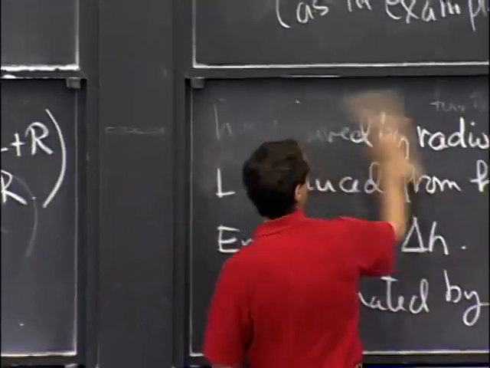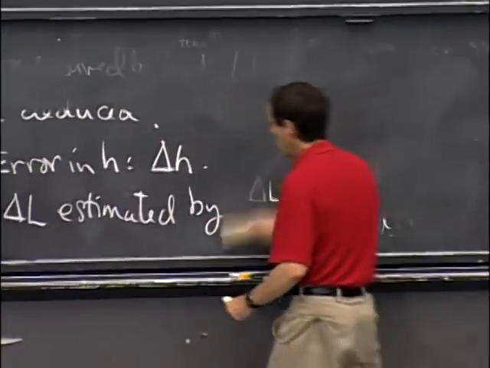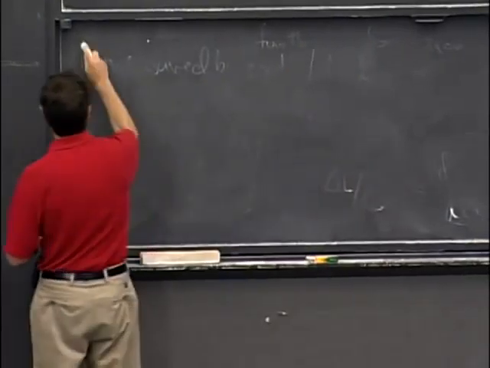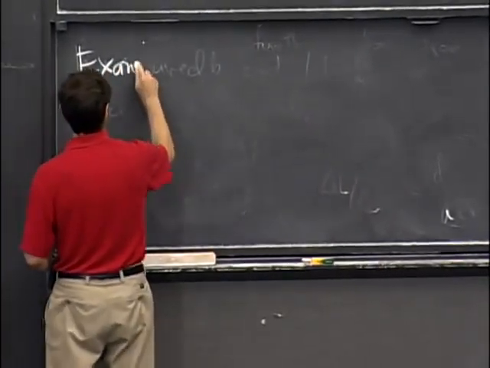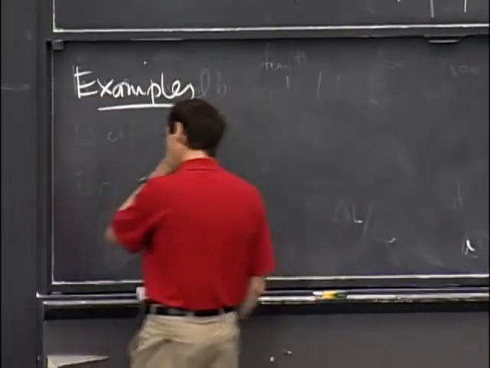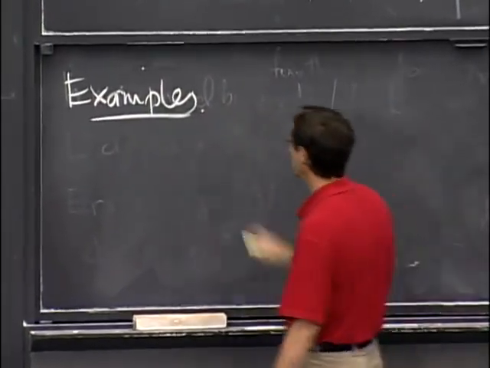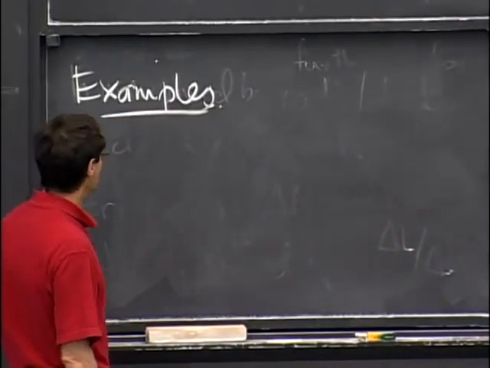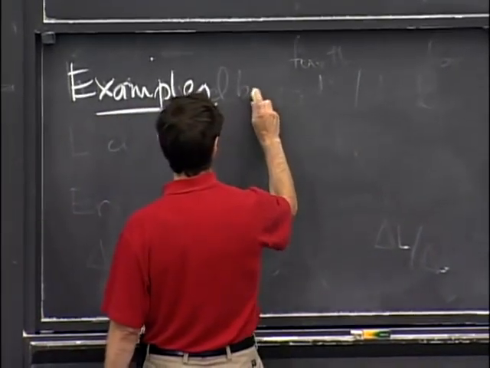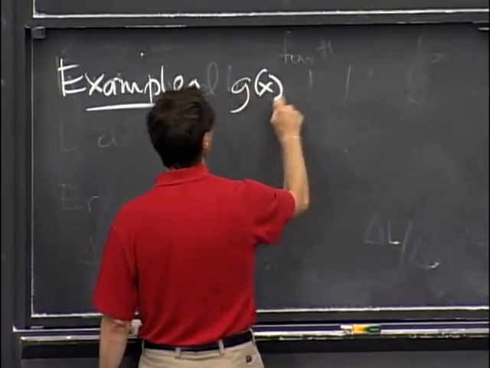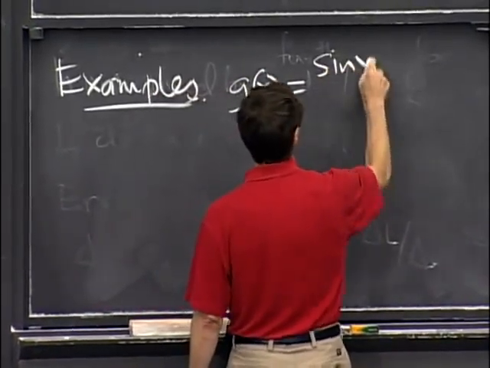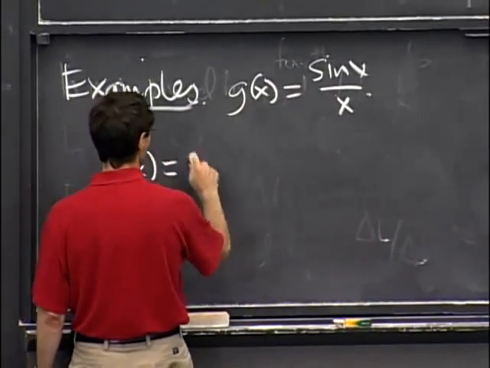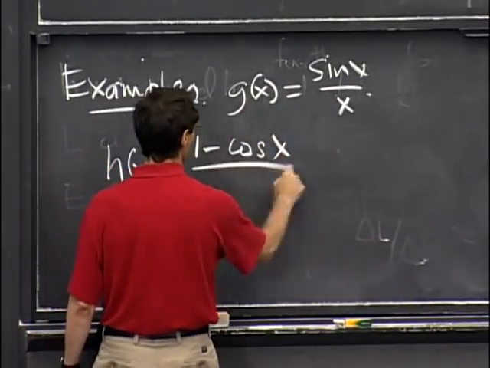Now let me give you an example of this, or actually a couple of examples. These are quite important examples which we'll be working with in just a few minutes. So the first is the function g of x, which is sine x over x, and the second will be the function h of x, which is 1 minus cosine x over x.